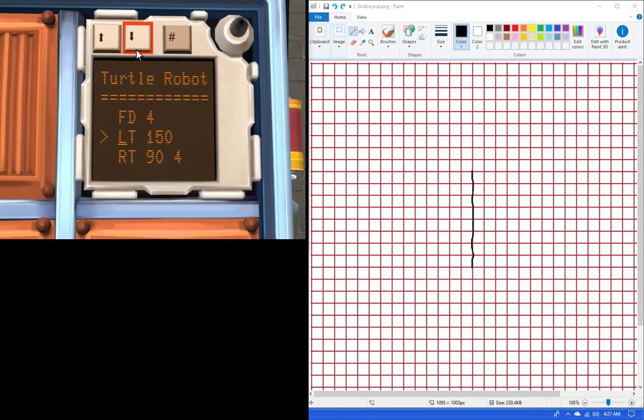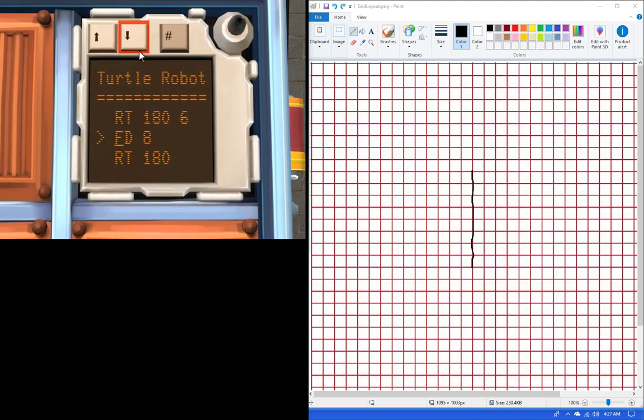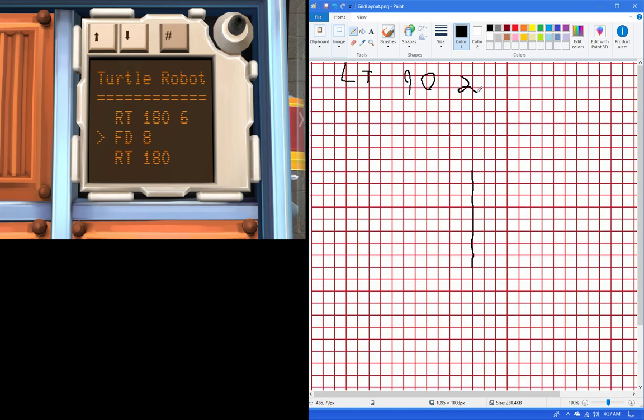Sometimes you get these LTs. Sometimes you get LT 90. Let's make it 2. So starting from here, our facing direction is going up. We would have to draw a quarter of the circle with a radius of 2.